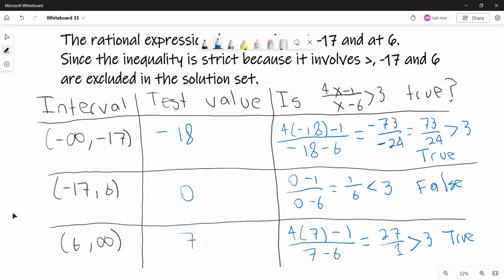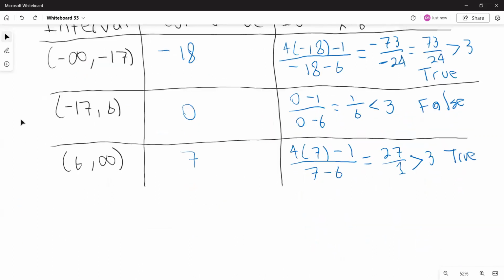And finally, we found that the expression is true for negative infinity to -17 and 6 to infinity. So the solution set is going to be the union of these 2 intervals.